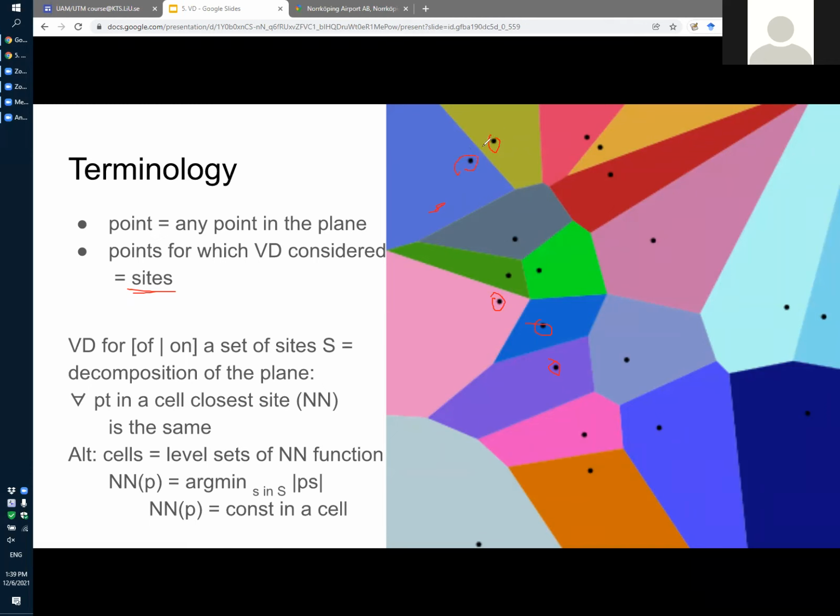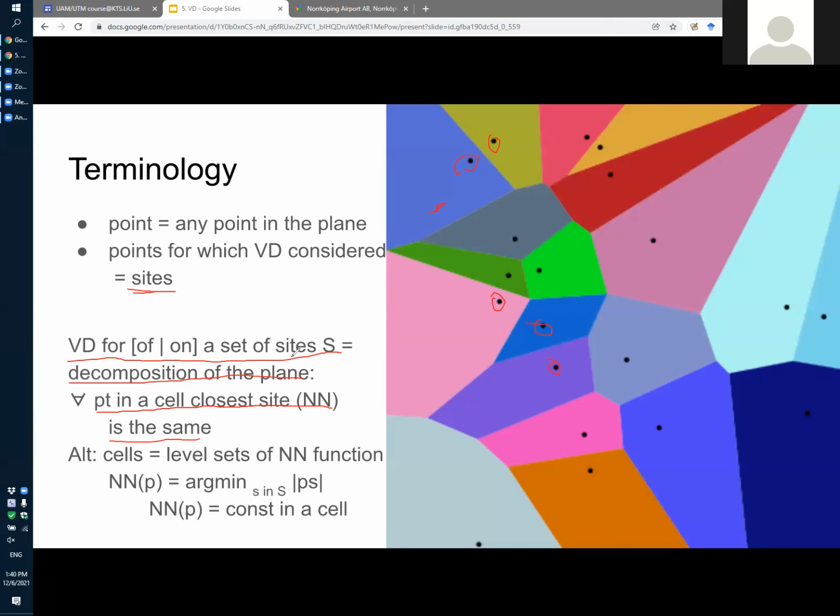And the formal definition of the Voronoi diagram for, or sometimes we say of or on, a set of sites S, is a decomposition of the plane. We decompose the plane into cells, such that for every point in a cell, the closest site, or the nearest neighbor, is the same. So just to give this formal definition of something which is probably also intuitively clear and what we've been talking about in this lecture.